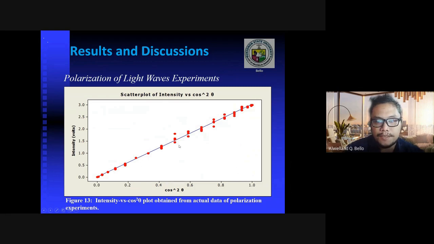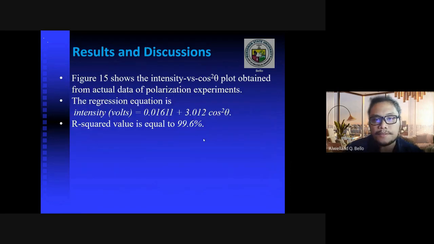As you can see, there is a linearity of the data that we obtained. And from that regression, we were able to get the regression equation, such as intensity is equal to this one, which has the y-intercept and the slope.